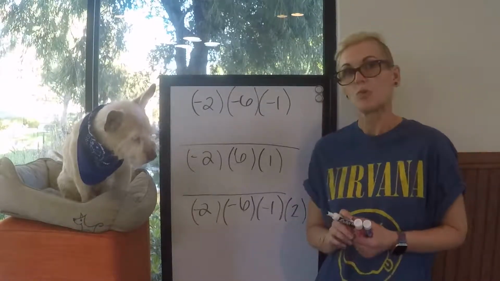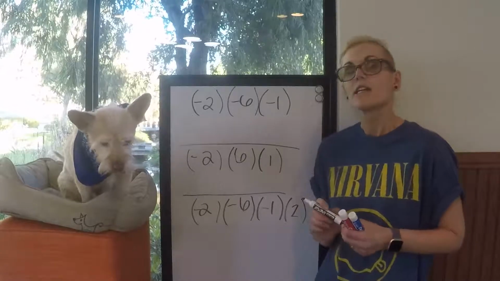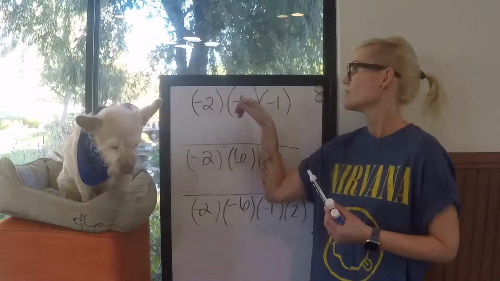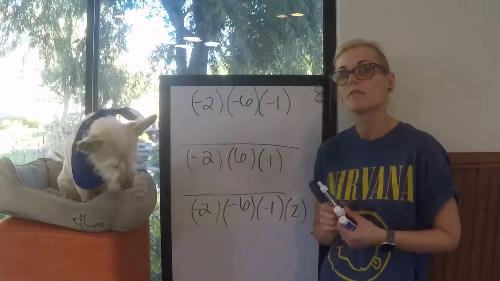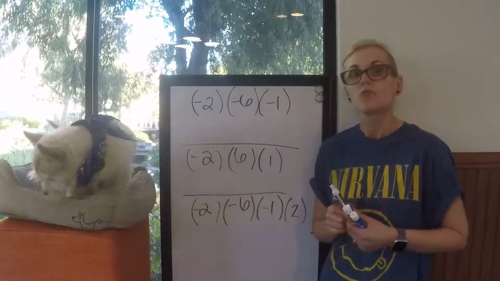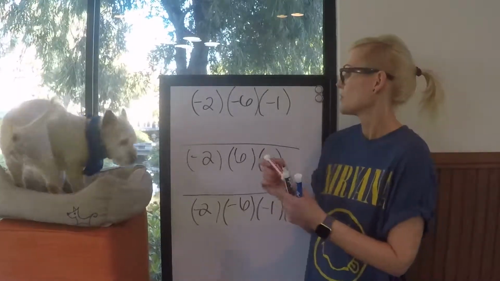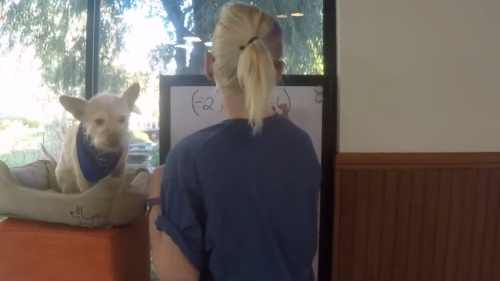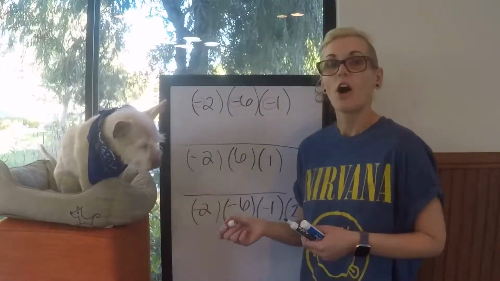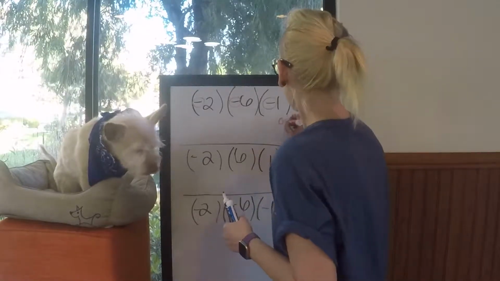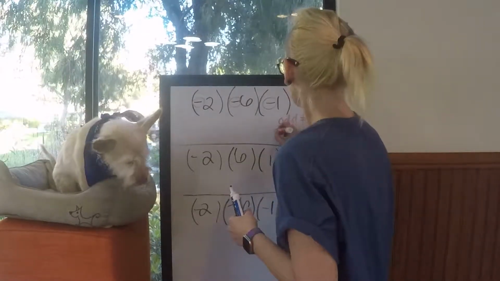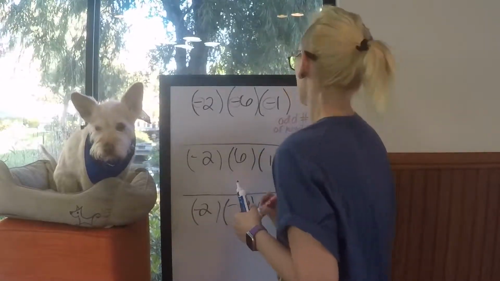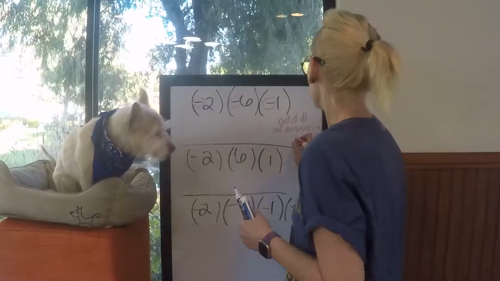Alright, so there's one more trick. When you're doing multiplication or division, if you have more than two numbers, you can count the number of negatives, and the number of negatives is going to let you know if it's positive or negative. So here's the rule. If you have an odd number of negatives, your answer is going to be negative.